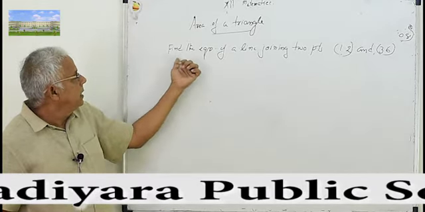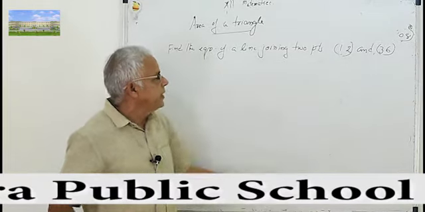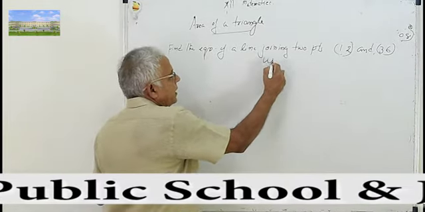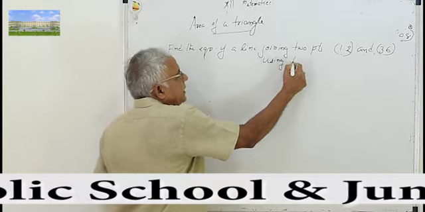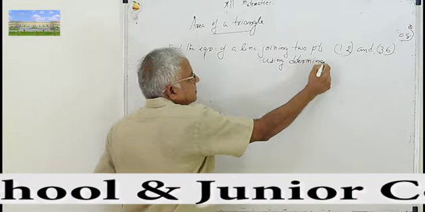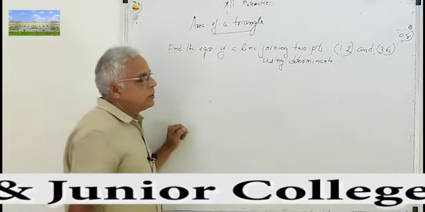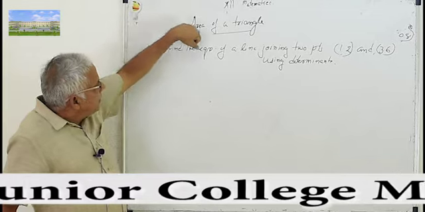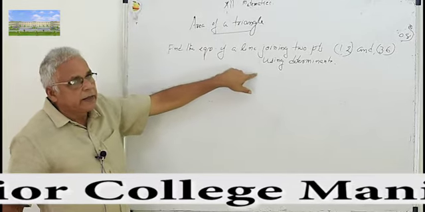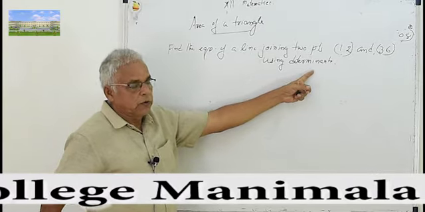But here, find the equation of a line joining 2 points (1, 2) and (3, 6) using determinant. We have studied that if 3 points lie on a line, that is, if 3 points are collinear, then the area formed by these points is 0.